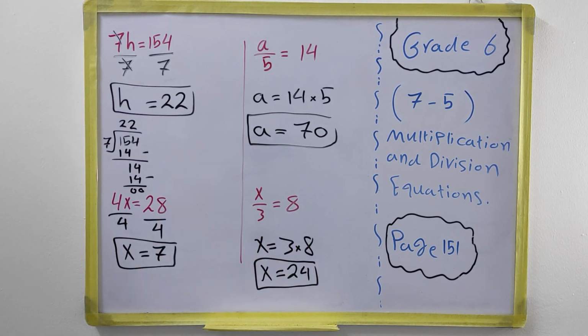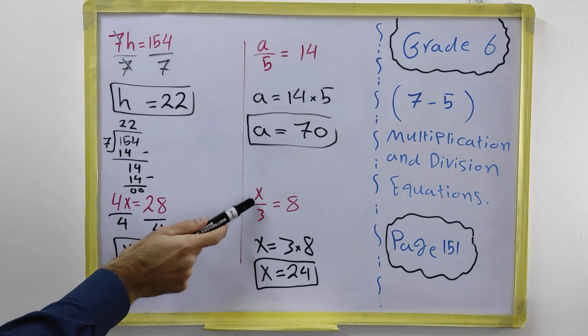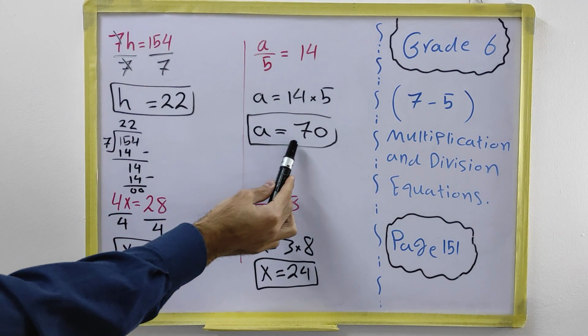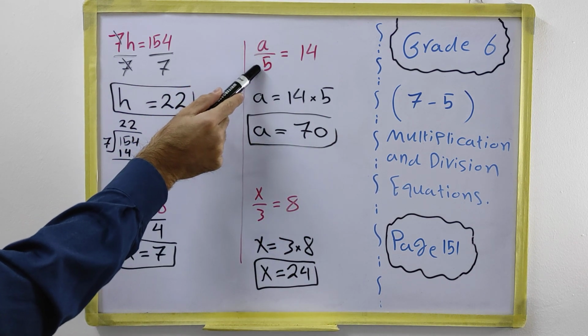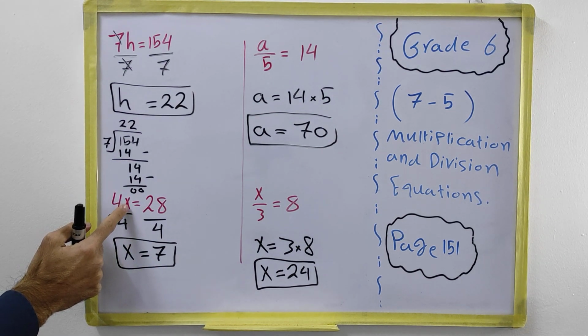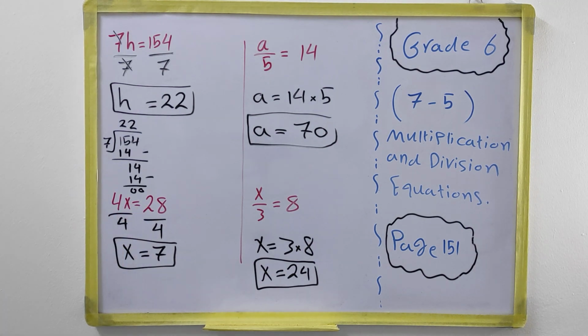If you want to check, for example, x is 24, it means 24 divided by 3 equals 8. Yes, it is correct. A is 70, 70 divided by 5 is 14. The same, x is 7, 4 multiplied by 7 is 28.